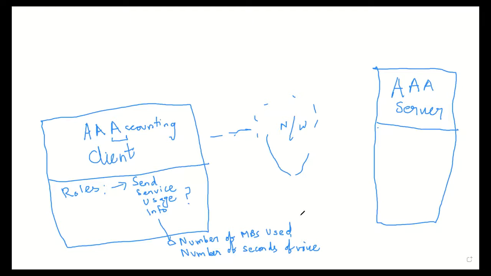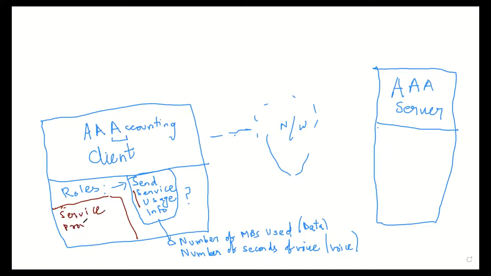So this is the kind of service usage information that is sent, and this is important. If you remember, I mentioned that an AAA accounting client is typically embedded into some other node. What that other node typically is, is the node which is providing the service, the service providing node.